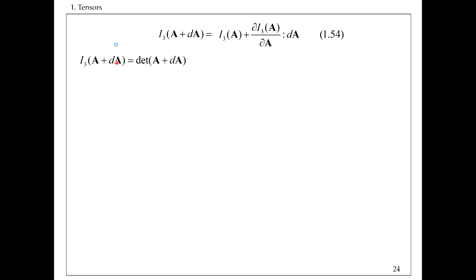Now I'm writing it more explicitly again. I3 just means in our language: take the determinant of that. Now we're going to do a few more tricks to rearrange what is inside just a little bit. And first of all, I'm pulling A out of these two.